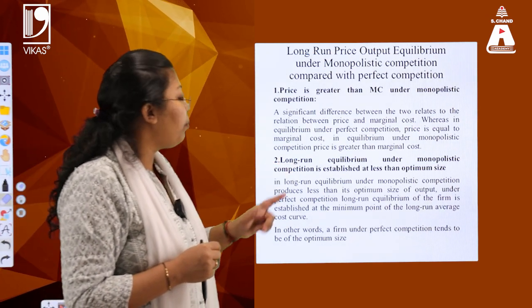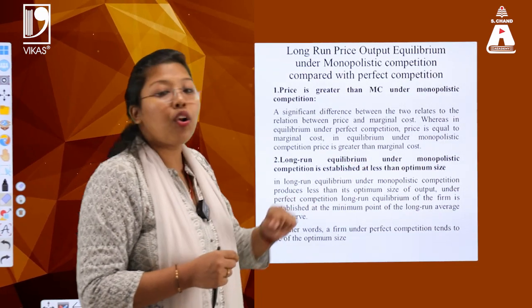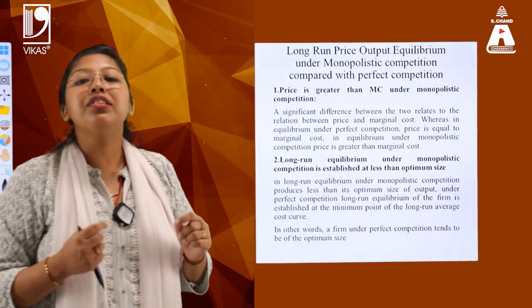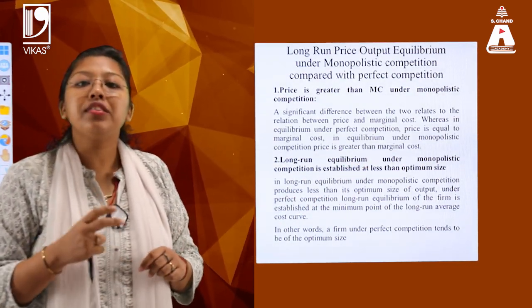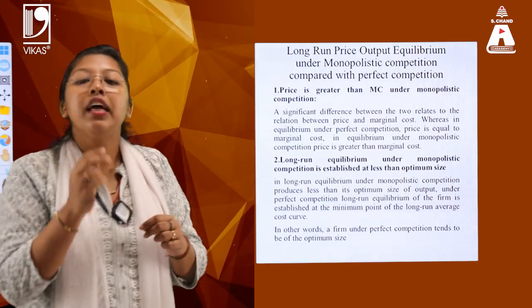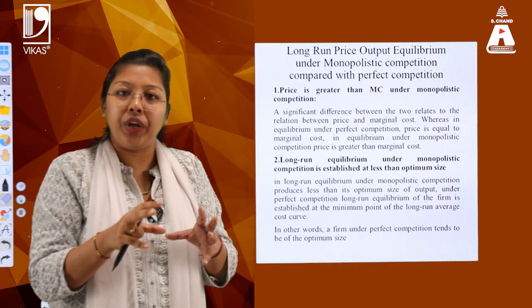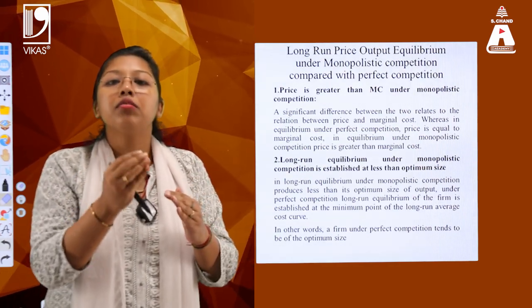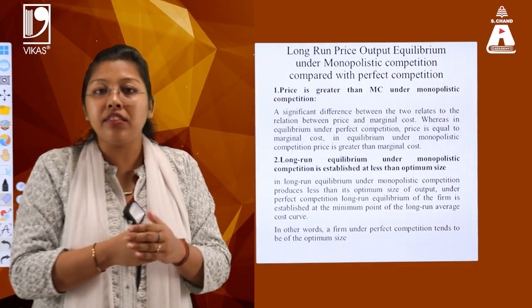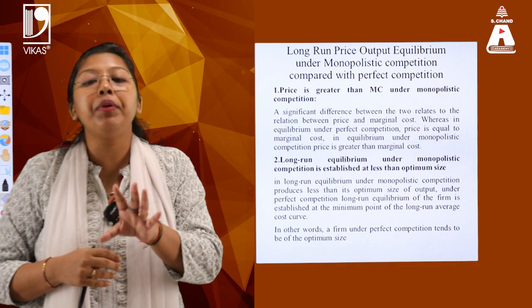Then the long run equilibrium under monopolistic competition is established at less than optimum size. What is this optimum size? When we say that there is this optimum size of the firm, that means that every resource is put across in a way in which all are equally utilized, because resources are scarce and they have limitations.